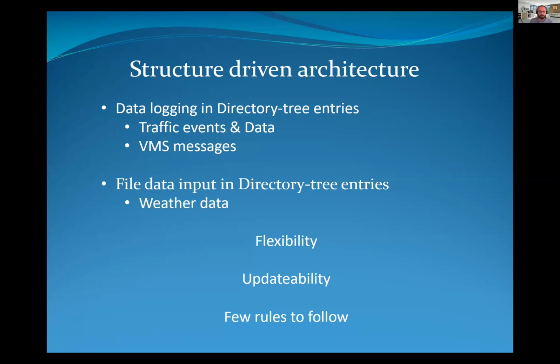This is also what we used to receive input from file data, such as weather stations and some other inputs that come in the form of CSV or other file inputs.